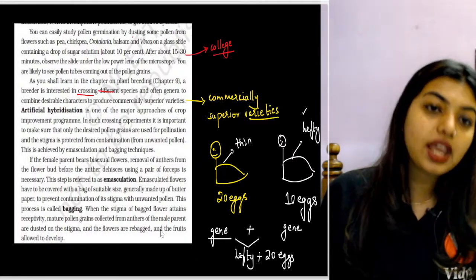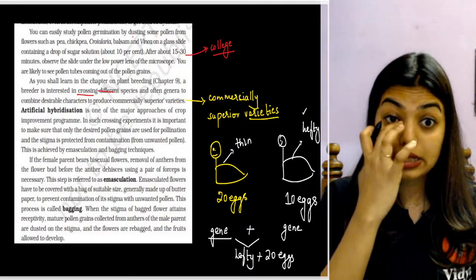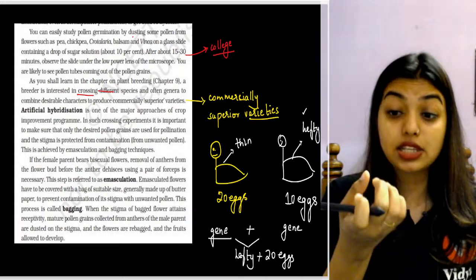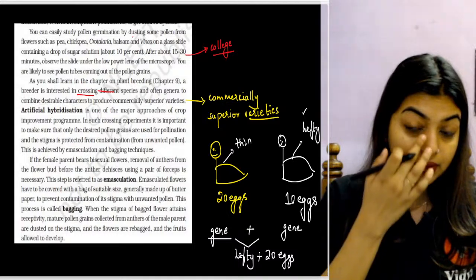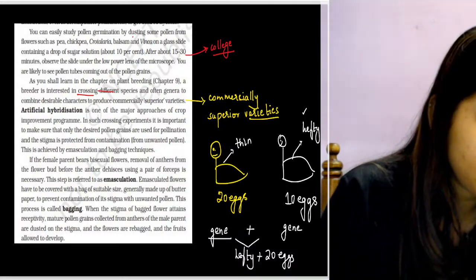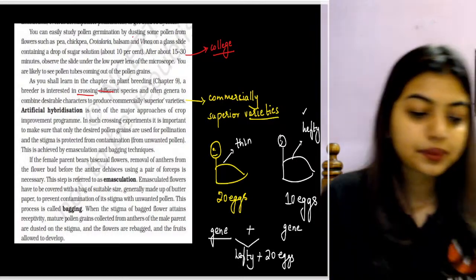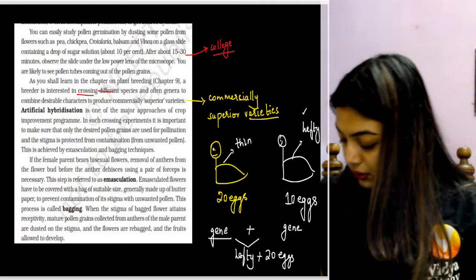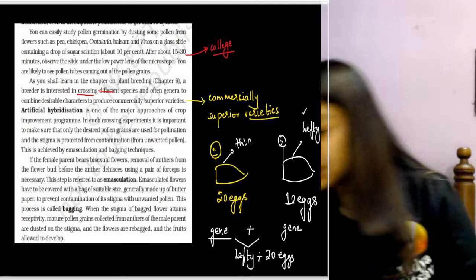So even in plants also these people do it, and that is called artificial hybridization, where they form superior varieties. Clear or not?